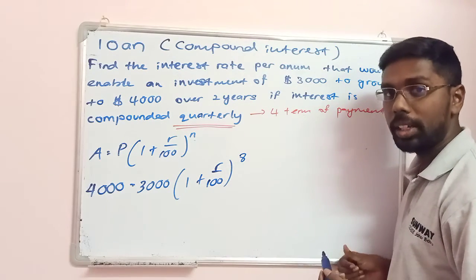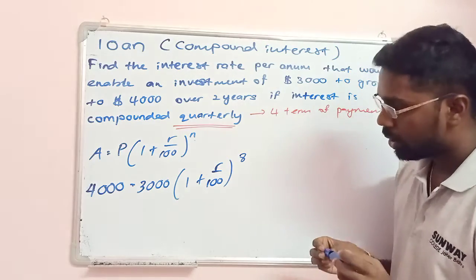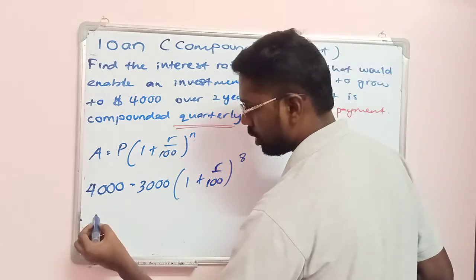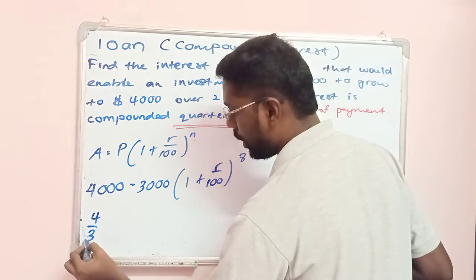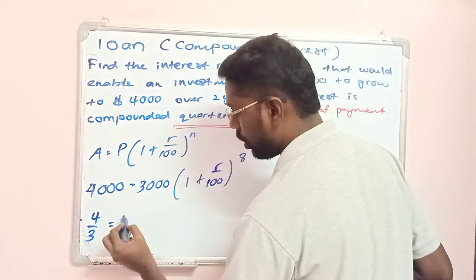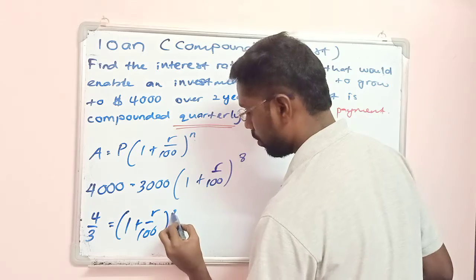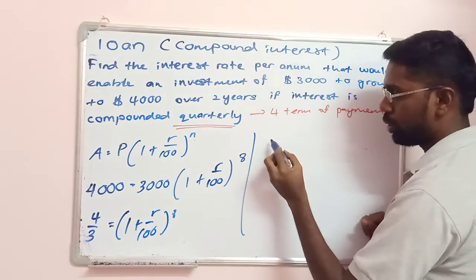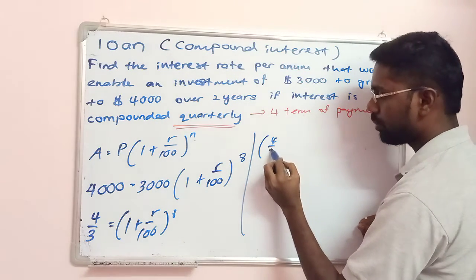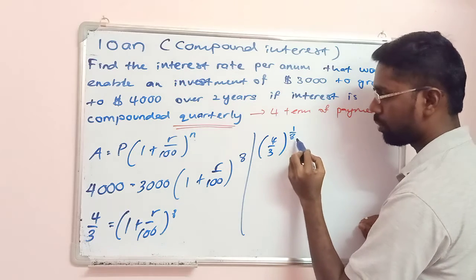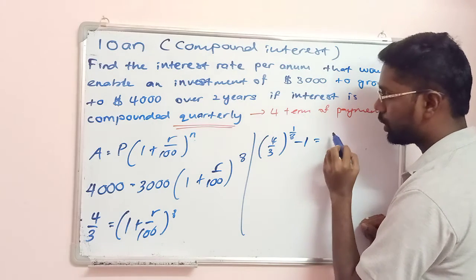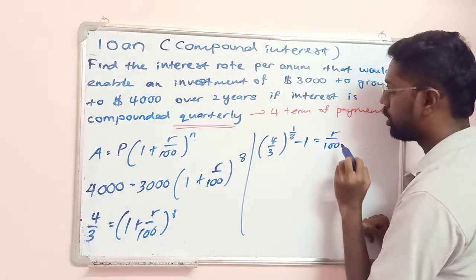There are 8 quarters in 2 years. So 4 over 3 equals 1 plus r over 100 power of 8, so minus 1 equals r over 100.